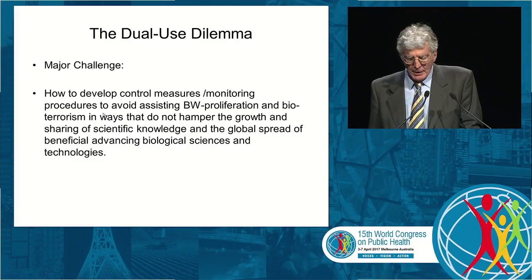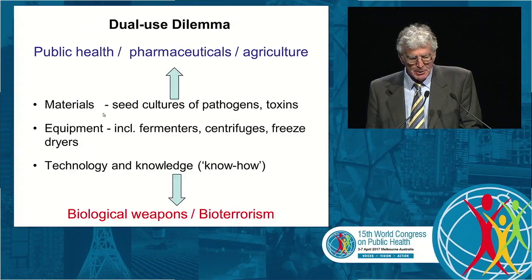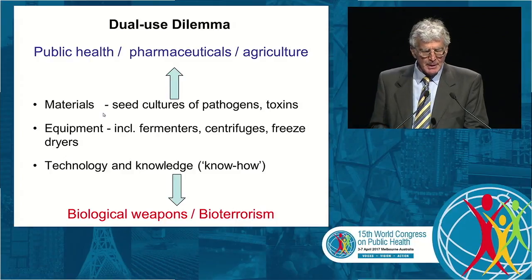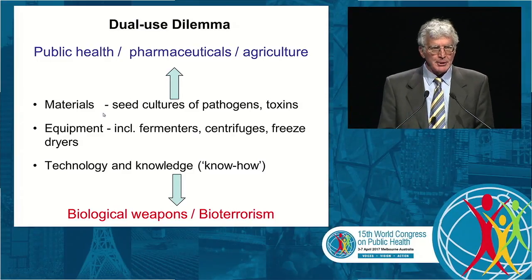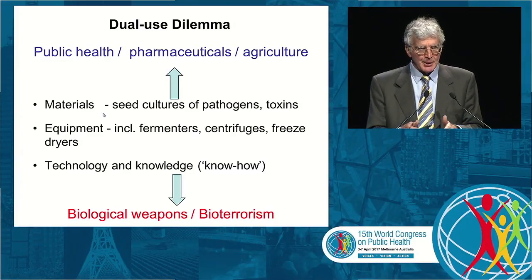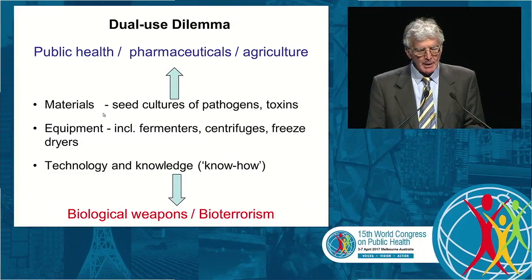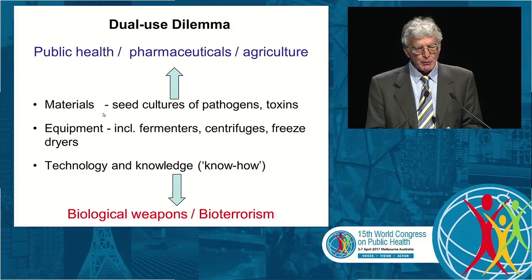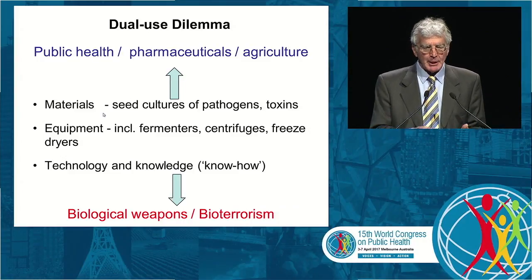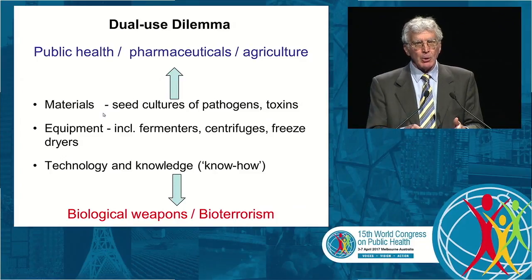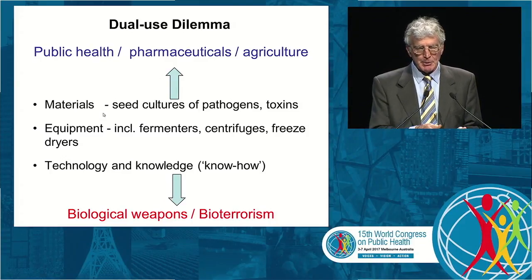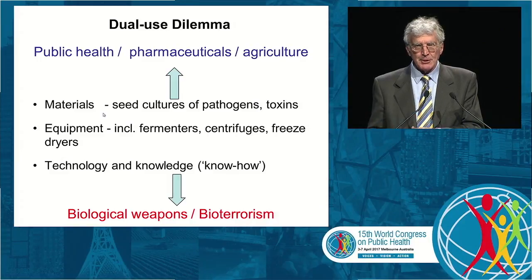The types of materials, the seed cultures for pathogens, the equipment, the fermenters, centrifuges for purifying, freeze dryers for forming powders from these pathogens and so on, and the technology can be used for both public good, in other words, public health, pharmaceuticals, agriculture, but the same technology, materials and equipment can also be used for making biological weapons. And this is the biological weapons also terrorism use of pathogens as well.